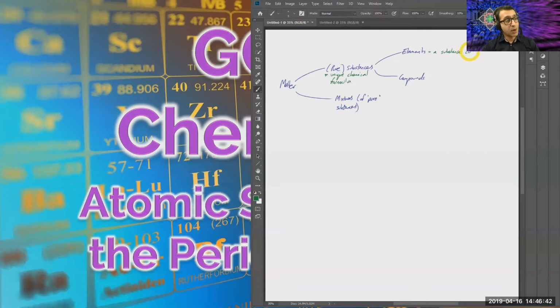A substance composed of atoms, each of which has the same number of protons. So in other words, what we're saying here really is the same atomic number.